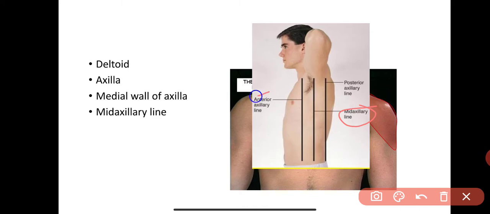Anterior to this, passing through the anterior axillary fold, is the anterior axillary line, and posterior to this, the posterior axillary line passes through the posterior wall or posterior fold of the axilla.